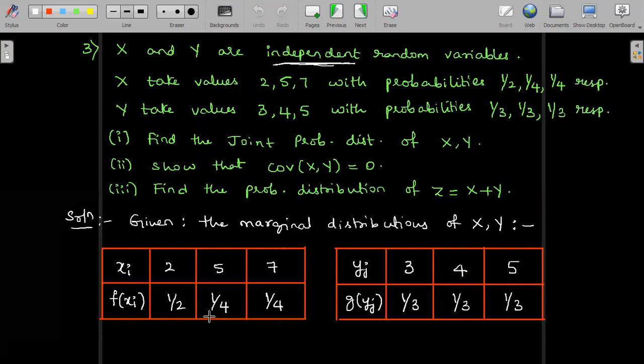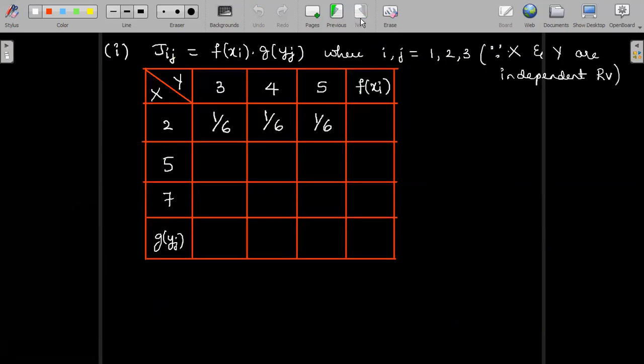So 1 by 4 into 1 by 3, the same 1 by 4 into another 1 by 3, the same 1 by 4 with the last 1 by 3. All of these values give me 1 by 12. In this problem the values are the same, but it need not always be so.